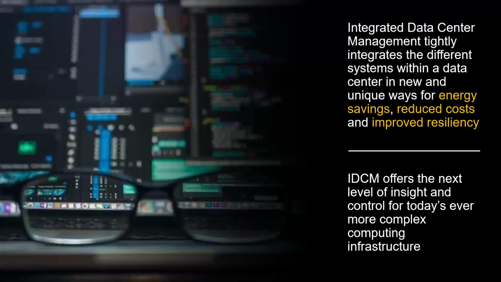And Enlight Software provides industry-leading DCIM software for managing your data center and IT space. So integrated data center management, as we've defined it, tightly integrates the different systems within a data center in new and unique ways for energy savings, reduced costs, and improved resiliency.